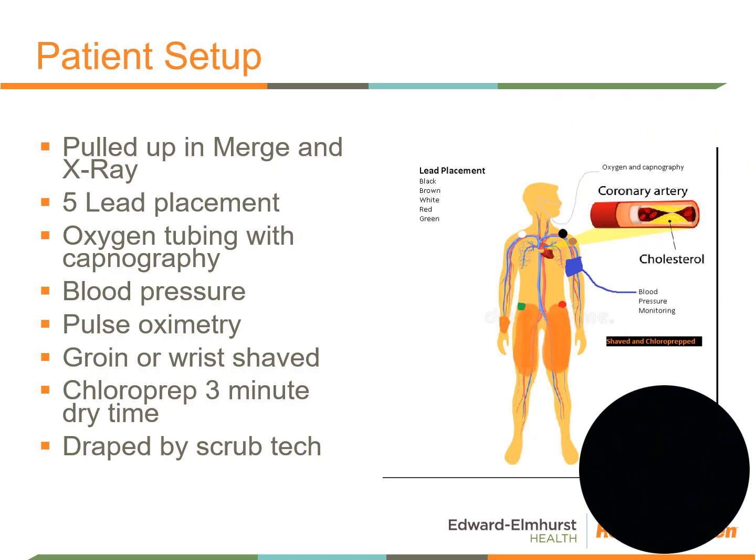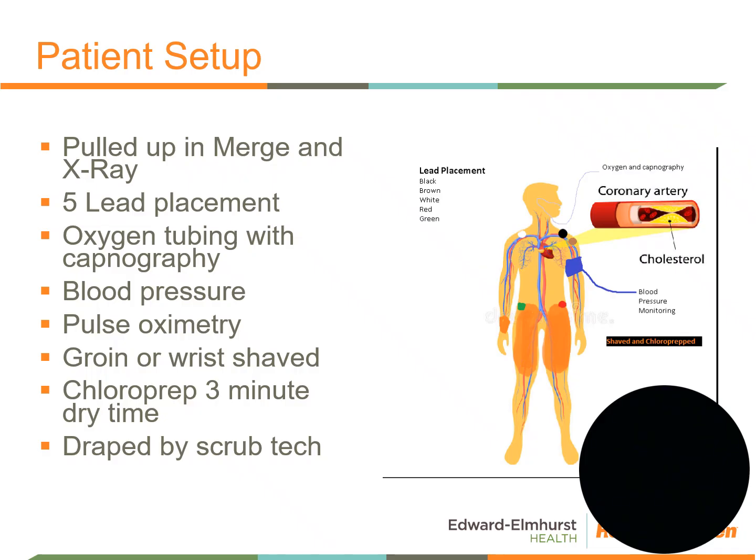You put your blood pressure on, your pulse ox, and your groin or your wrist needs to be shaved. The ChloraPrep takes 3 minutes to dry, and it'll be draped by your person who's scrubbing in. When we are ChloraPrepping and shaving these areas, we want to have a large enough area that we have enough room to work with.